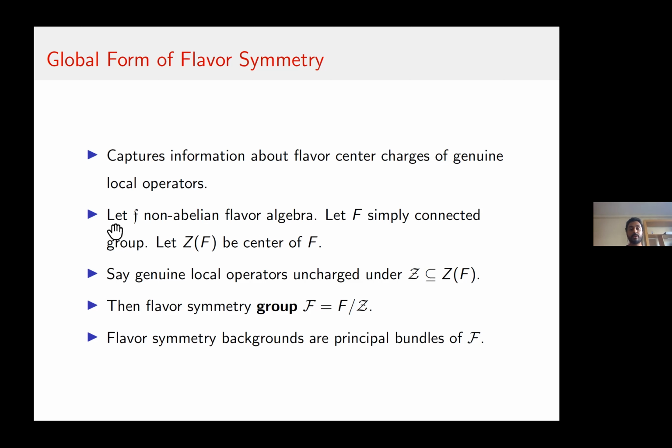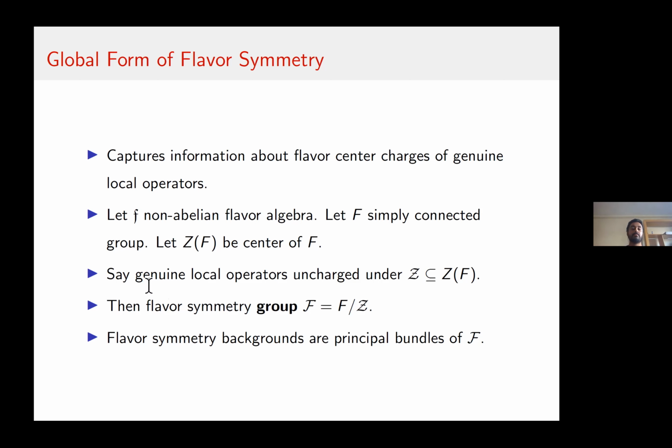Okay, so let's fix some notation before we get there. Take some non-abelian flavor algebra, this frak F, and let capital F denote the simply connected group associated to this flavor algebra, and let Z of F be the center of this simply connected group.